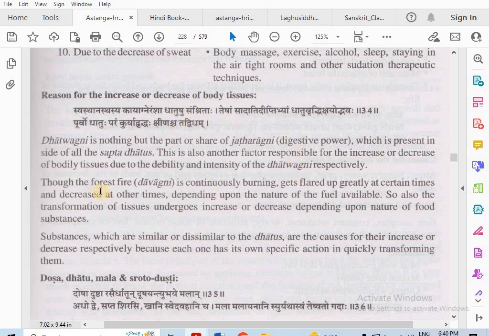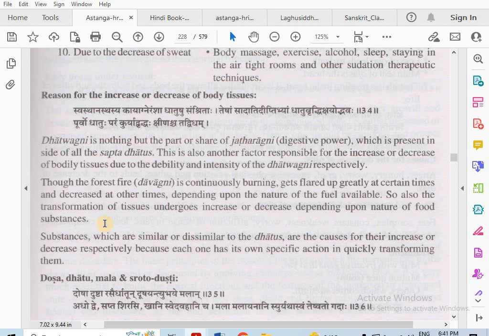Now, in this paragraph you read, the forest fire means Davagni, right? Agni word is there, but that is called Davagni. That forest fire is continuously burning and gets flared up greatly at certain times and decreases at other times, depending upon the nature of the fuel available. So also the transformation of tissues undergoes increase or decrease depending upon the nature of food substances.